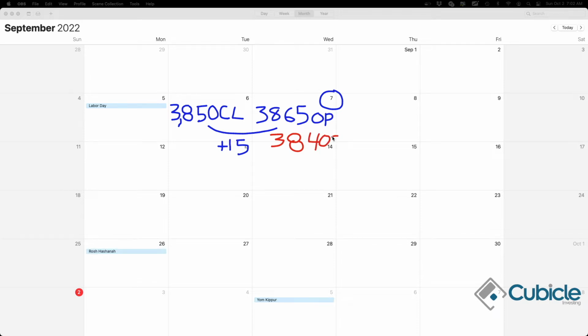That's where it closed on that particular day, September the 7th. So when you compare where it opened to where it closed, you're talking about a negative 25. So I did a scatter plot diagram of both of these comparisons.